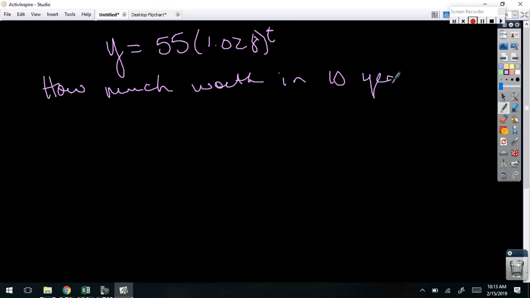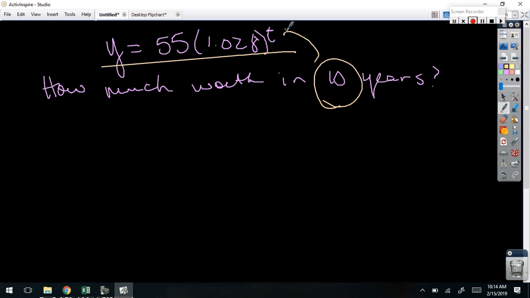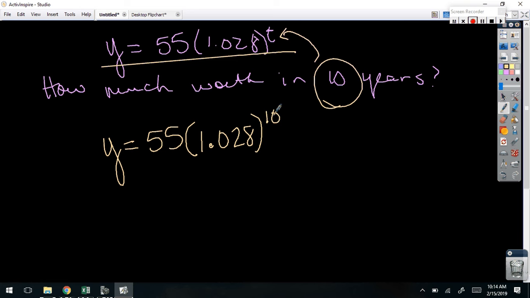All we're doing is taking this model and plugging in a 10 for t. So y is going to be 55 times 1.028 to the 10th power.